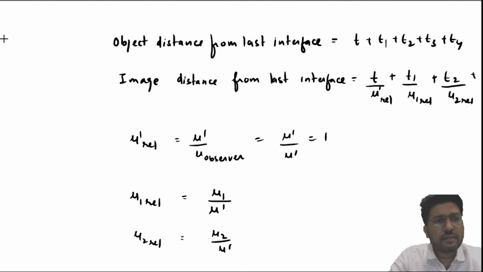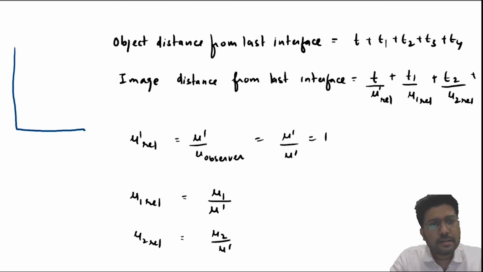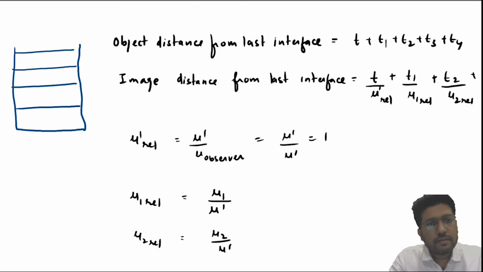Suppose I will draw one more diagram here so that this is clear. Suppose you have some mediums mu1, mu2, mu3, mu4, and these thicknesses are T1, T2, T3, T4.